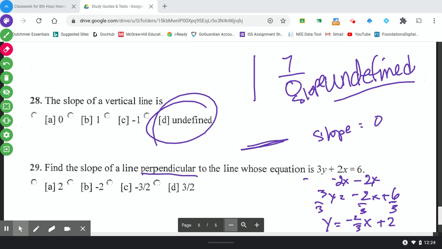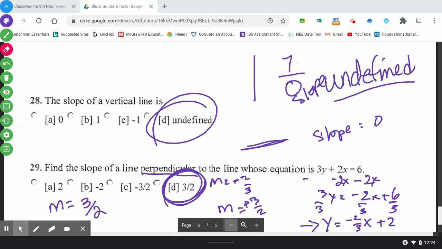So the slope of this line is negative 2/3. So my slope of my line is going to be the opposite reciprocal of that. So my slope is going to be 3/2. And since it was negative up here, it's positive down here. So my slope is going to be a positive 3/2, which is letter D, right there.